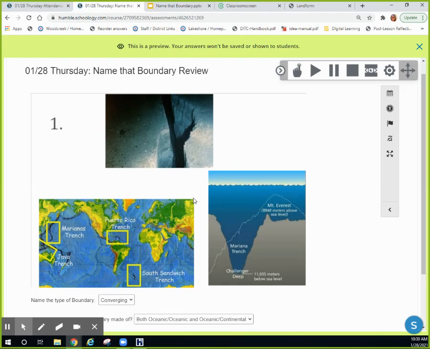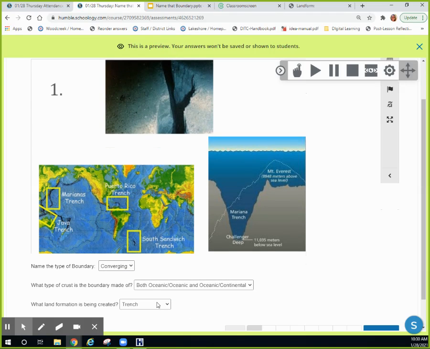That sinking causes that big, deep depression in the ocean floor. It's almost as if you could follow the oceanic plate down into that trench, into the mantle. And we also determined that this happens at both oceanic and oceanic collisions and an oceanic plate and a continental plate collision.